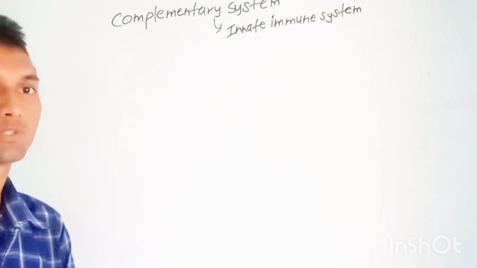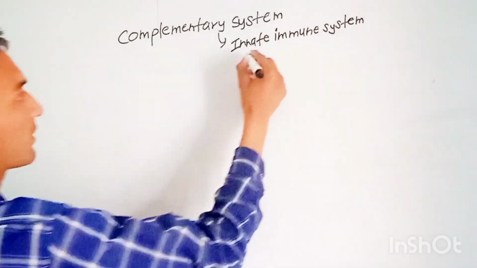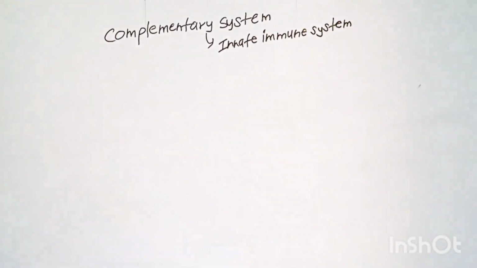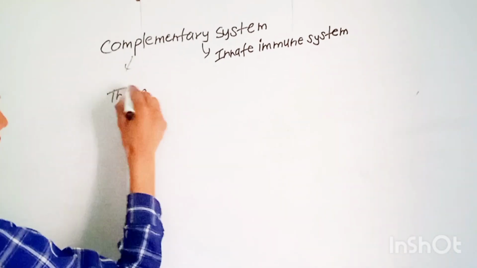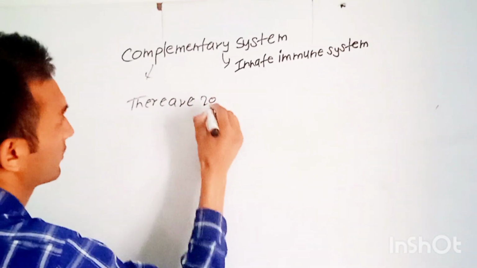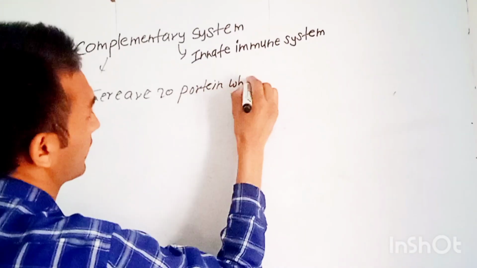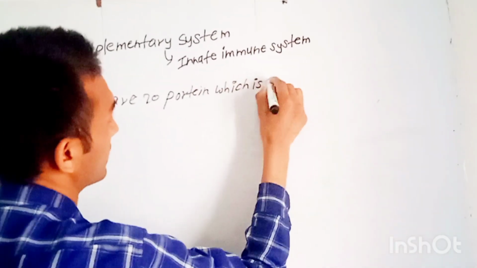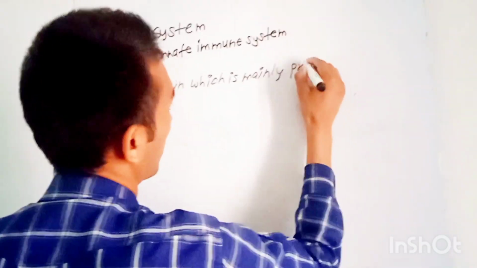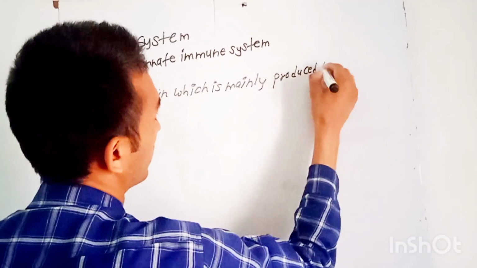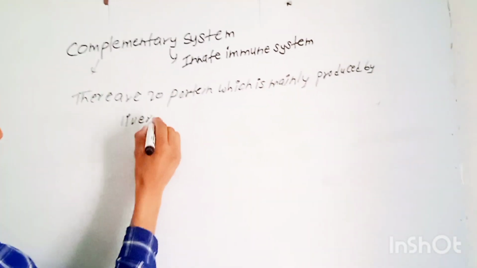It's me, Manoj Bohara. Today we will be discussing the complement system, which is one type of innate immune system. In the complement system, there are about 20 proteins, which are mainly produced by the liver.